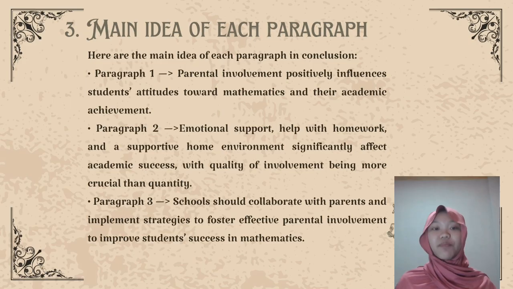In paragraph 2, the main idea is emotional support, help with homework, and a supportive home environment significantly affect academic success, with quality of involvement being more crucial than quantity. And in paragraph 3, the main idea is schools should collaborate with parents and implement strategies to foster effective parental involvement to improve students' success in mathematics.